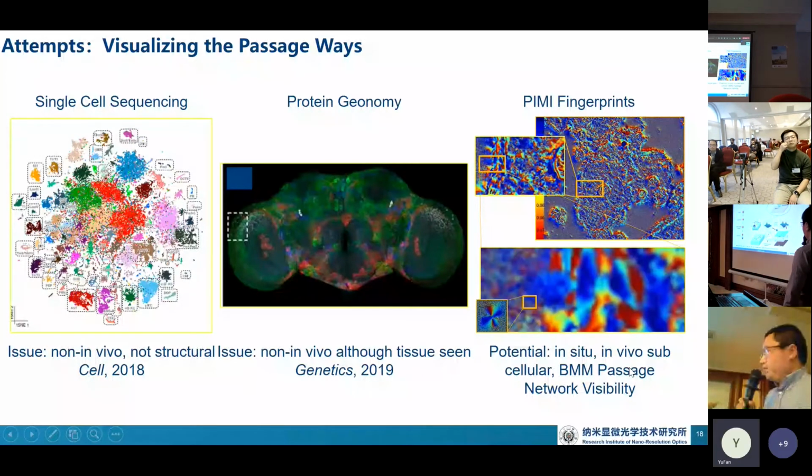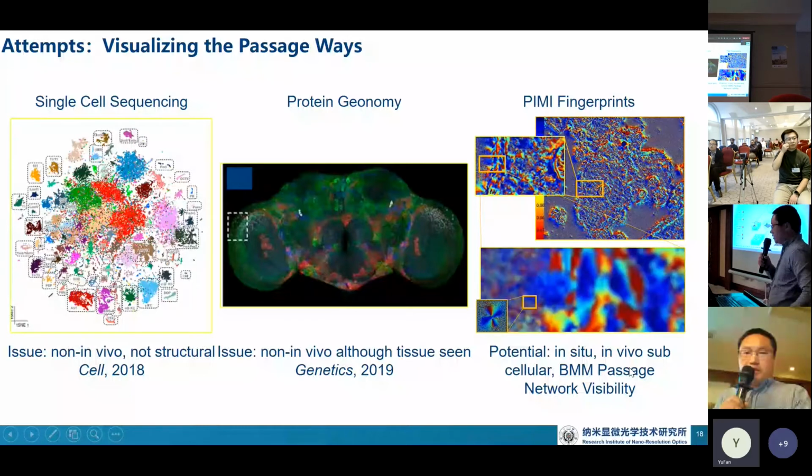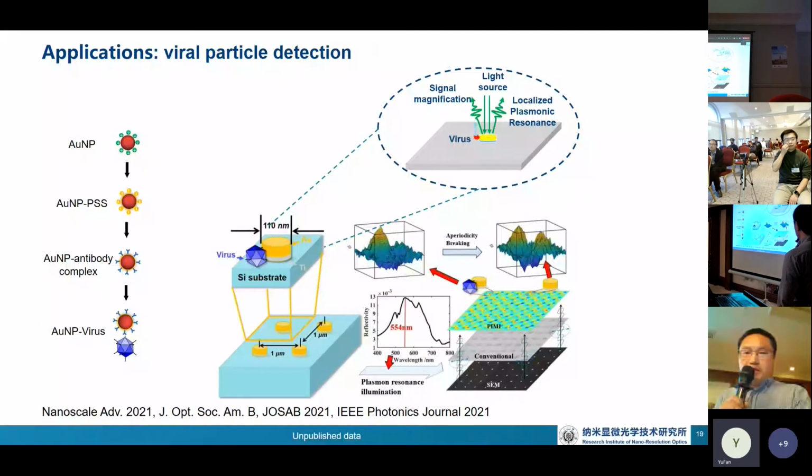Another application which we are making efforts on now is to apply this method for viral detection. For viral detection, we use a gold nanoparticle. We connect the viral particle to the gold nanoparticle, and in the imaging system, we can make use of the plasmonic diffraction of the gold nanoparticle.